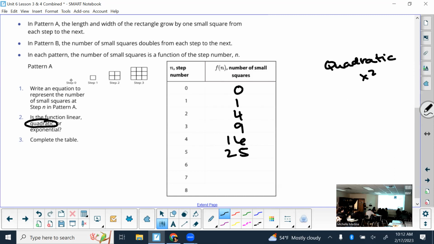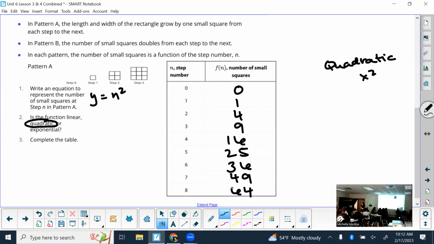25, because are they doing anything else other than just squaring it? So then my equation could be y equals n squared, since they want you to use n. All right, so then 6 squared would be 36, 7 squared would be 49, and 8 squared would be 64, and don't be afraid to use a calculator if you don't know those numbers, okay?